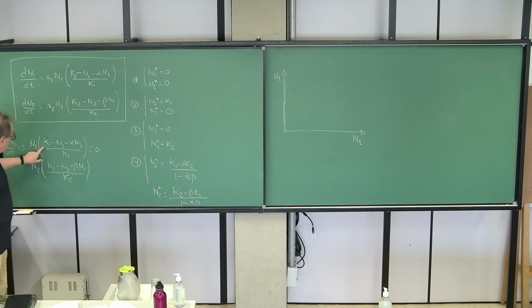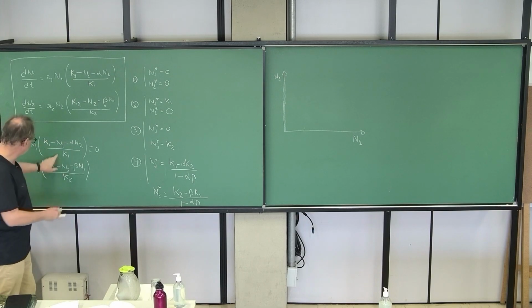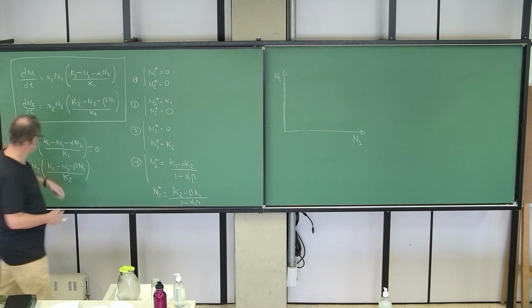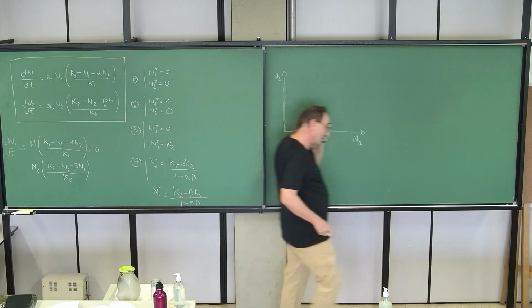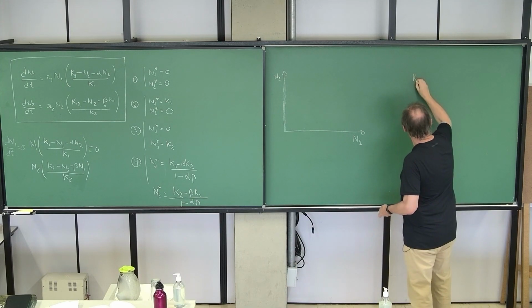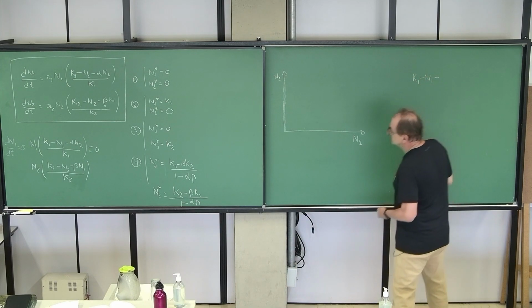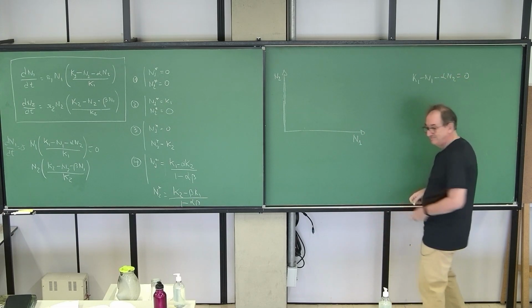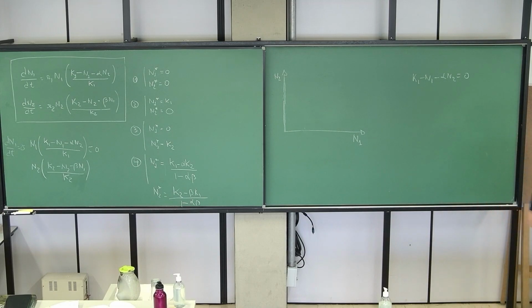Or you can have this thing equal to 0. So this thing equal to 0, you don't need to take into account the k1, is given by this equation. So k1 minus n1 minus alpha n2 equal to 0. What is this?